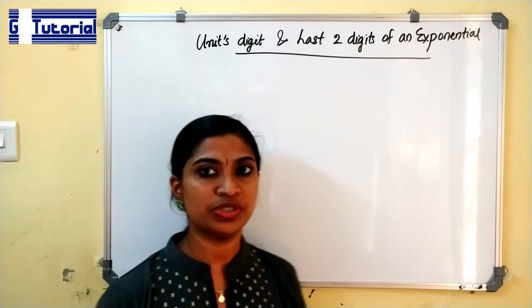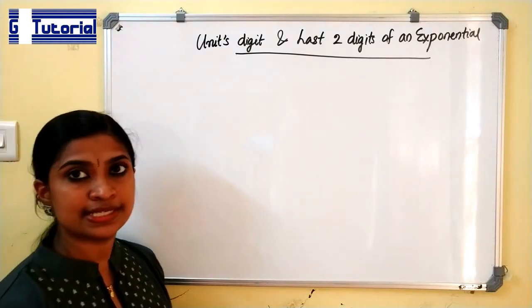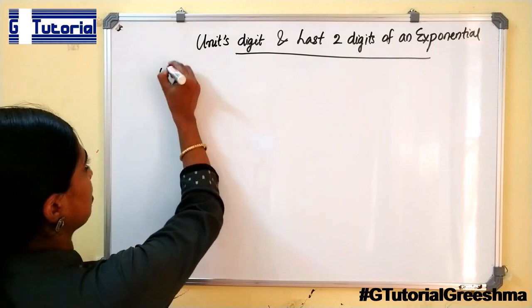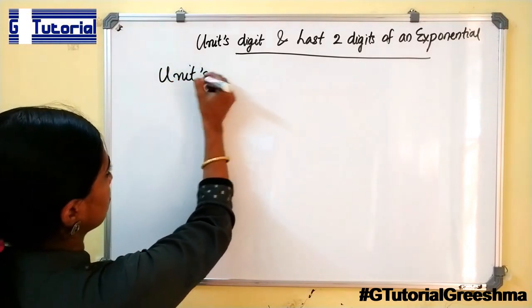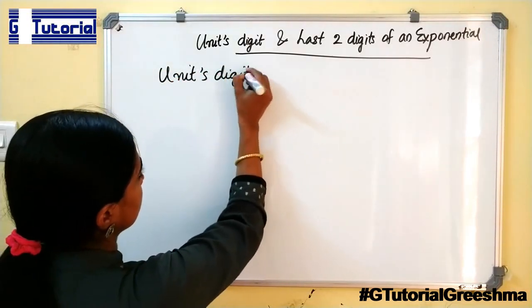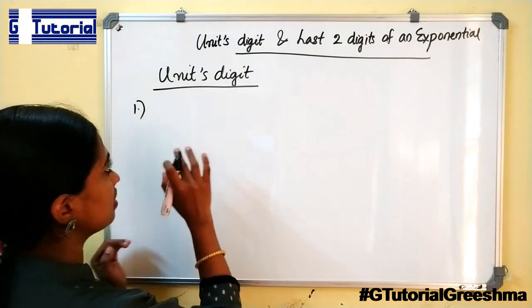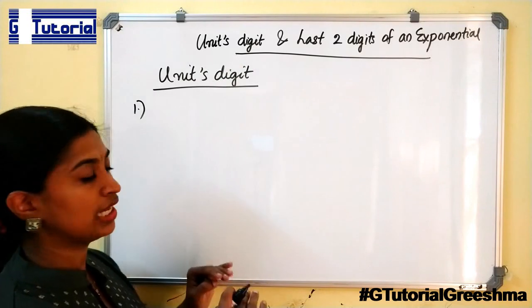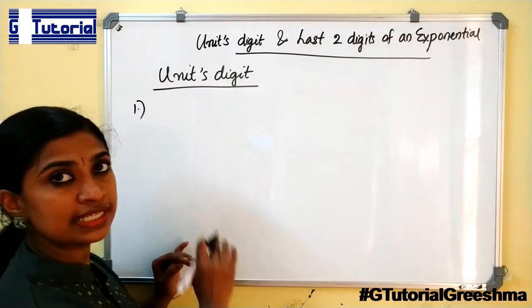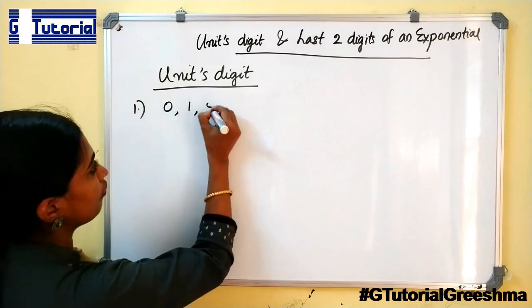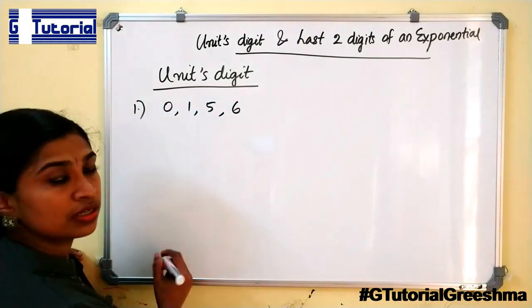Now let us get to our portion. First, let us study how to find the units digit of an exponential. We are categorizing the digits into three cases, and in the first case let us learn about the numbers 0, 1, 5, 6.